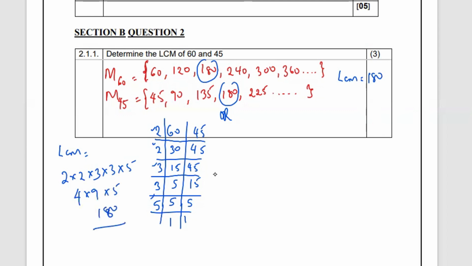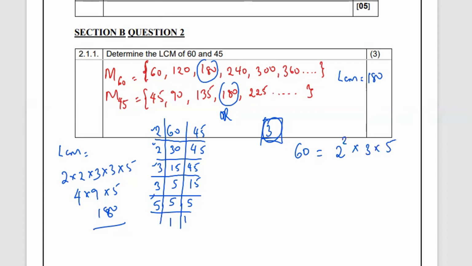Okay, this is option 2. Then option number 3 is where we use the prime factors. You break down the numbers individually. So for example, when you look at 60, 60 can be written as 2 squared times 3 times 5.